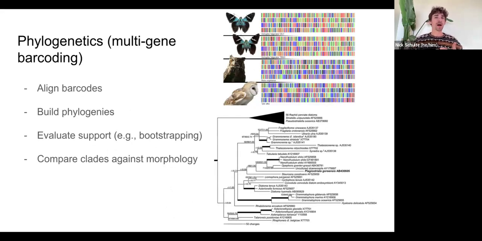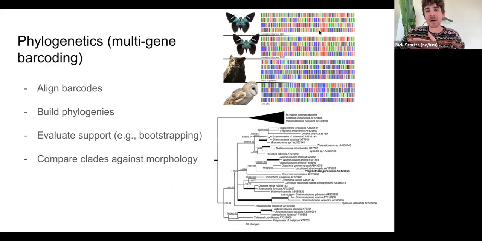So where we can apply DNA barcoding, you all may have heard of the term phylogenetics, and this is really extending barcoding to multiple genes and multiple species. So now we can align barcodes from different taxa, and here, just a quick rundown of butterflies versus owls, each of those colors, green, red, black, and blue, represent the different nucleotides present in DNA, As, Cs, Ts, and Gs.